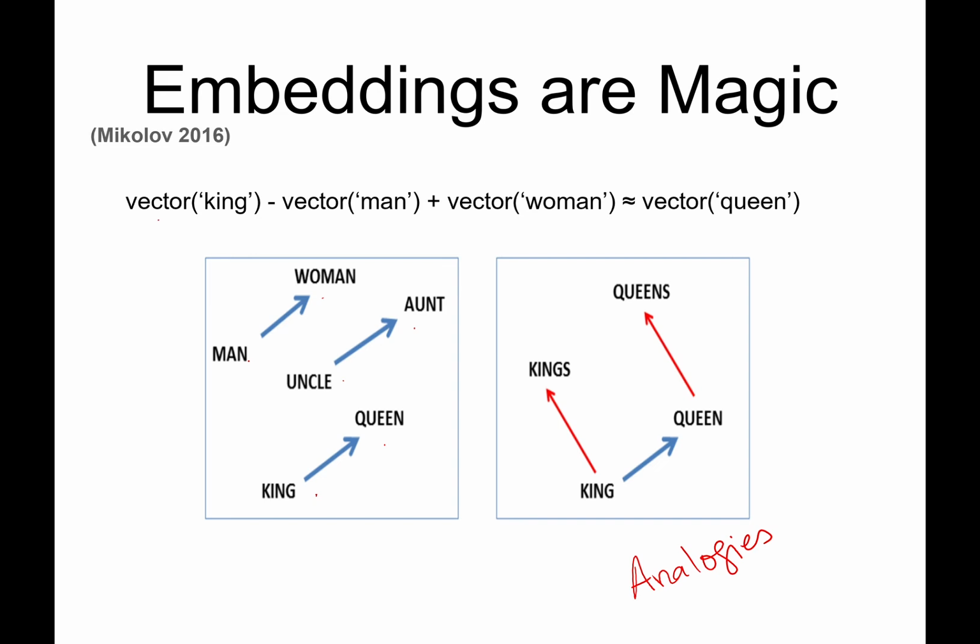You can actually do operations over words. So you can say the vector of king minus the vector of man plus the vector of woman is almost equal to the vector of queen. If you do this, you're going to end up very close to queen. That is something very, very special about embeddings. And you can do much more than this.